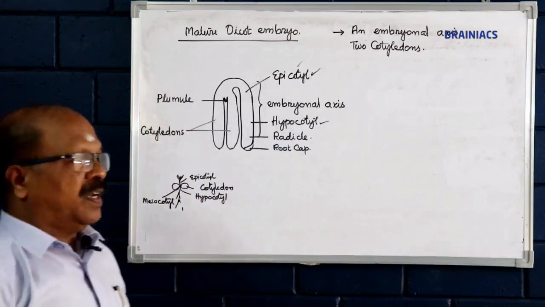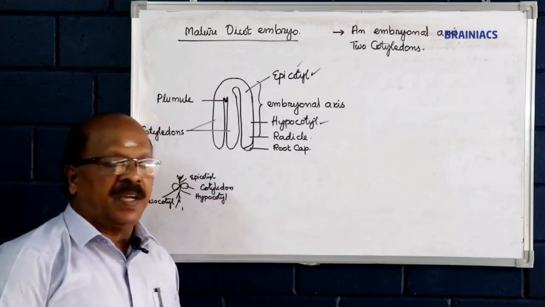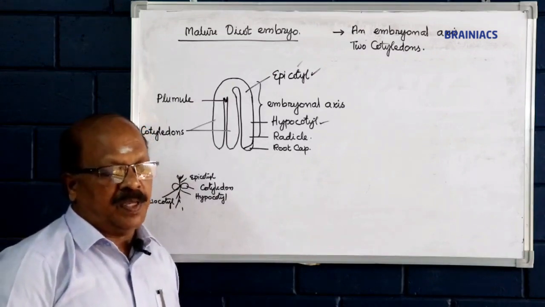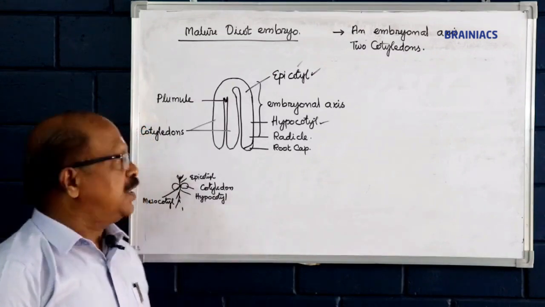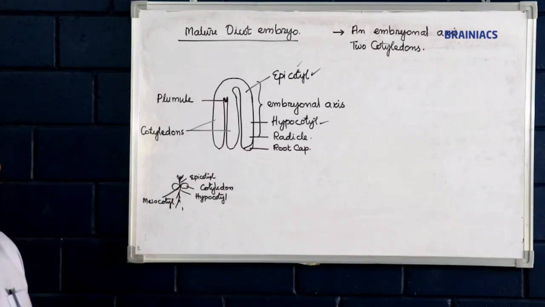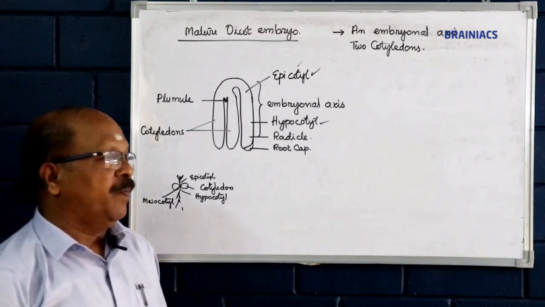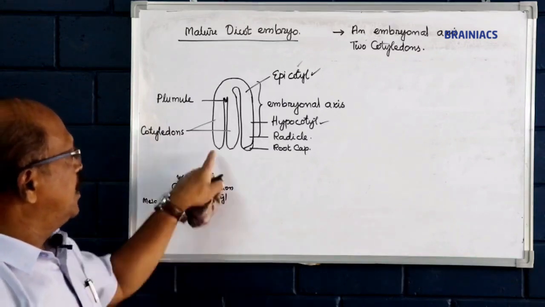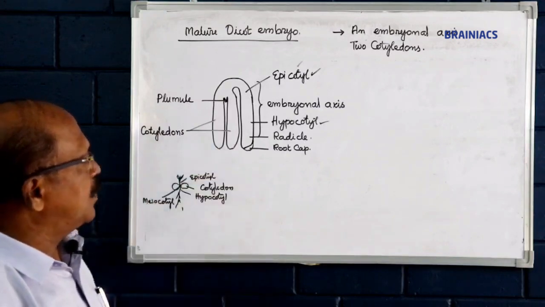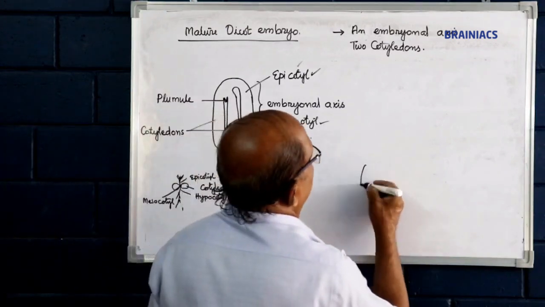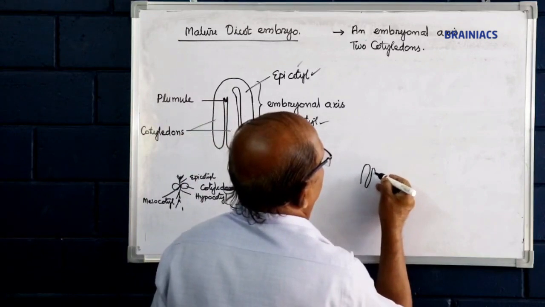So the figure is given, you have to name the parts of the dicot embryo. Typically an embryo contains an embryonal axis and two cotyledons in dicots. In your textbook it is given in this manner.